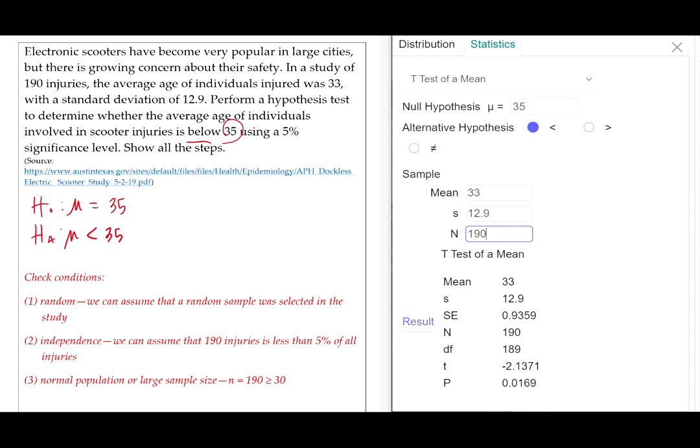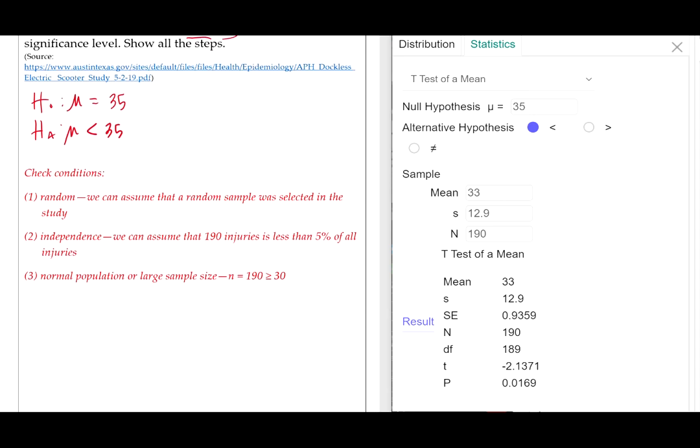This gives us a test statistic of negative 2.1371 and a p-value of 0.0169.